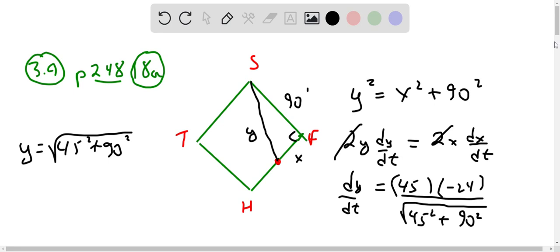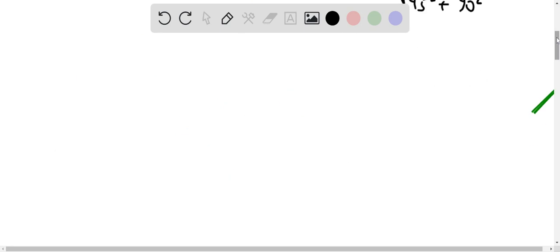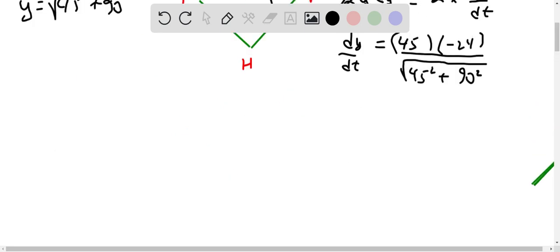All right, let's simplify that a little bit. I'm going to put this into my calculator. 45 times negative 24 is negative 1,080.